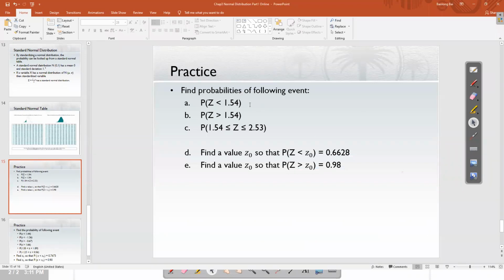So we can find the probability of events: probability of Z less than 1.54, Z greater than 1.54, or in between 1.54 and 2.53.